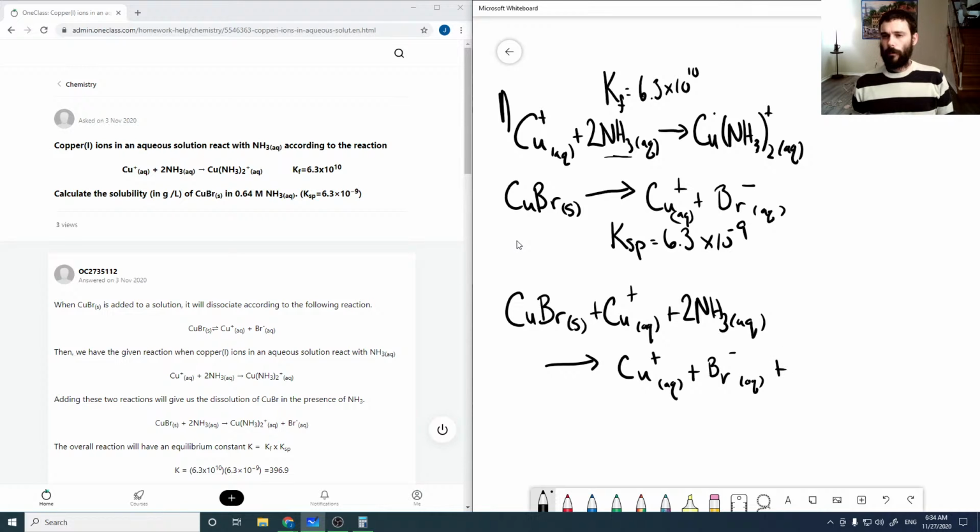And plus copper ammonia. And now we can cancel anything that's on both sides, so we're going to get rid of the copper. And so our total reaction is just this.